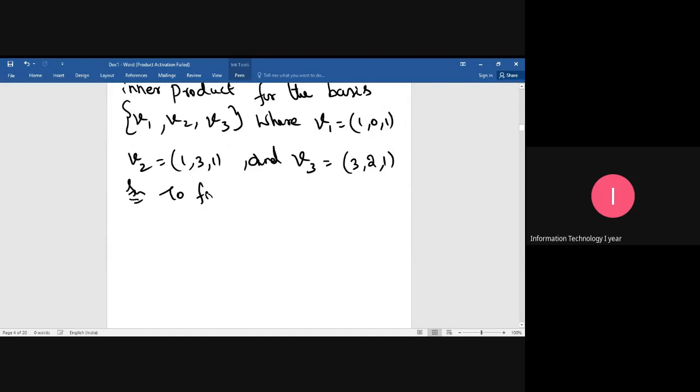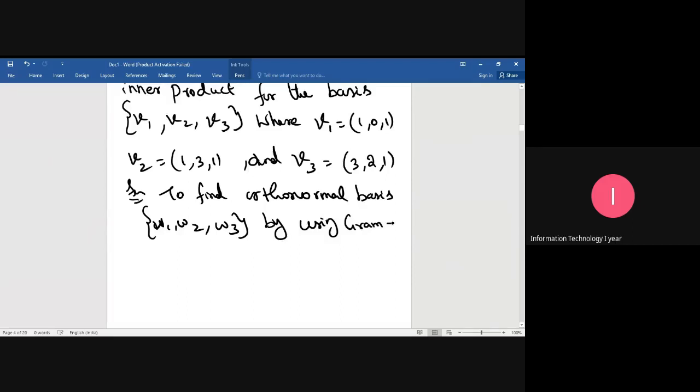So to find orthonormal basis W1, W2, W3 by using Gram-Schmidt orthogonalization process.